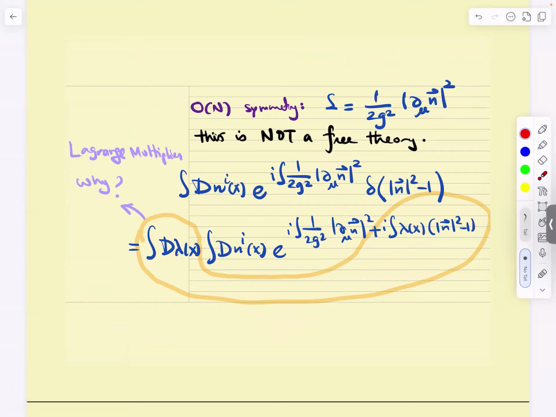That adds nonlinearities. How? One way of seeing, as we just saw with Lagrange multipliers, is that you path integrate over all n_i, but you have to put inside your path integral explicitly this delta of n squared equals 1. You could write this down by introducing some auxiliary field, lambda of x, and then this is the term that it adds to the Lagrangian, and this is the Lagrange multiplier method.